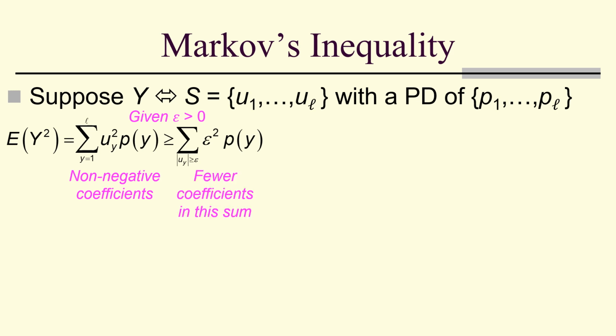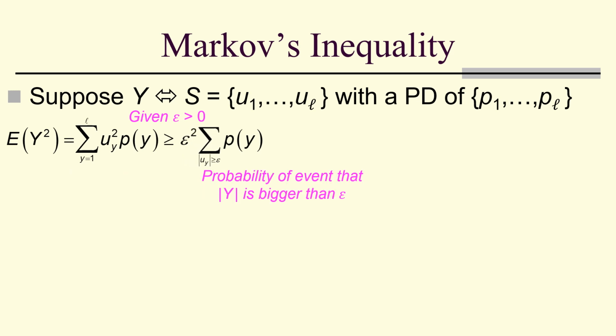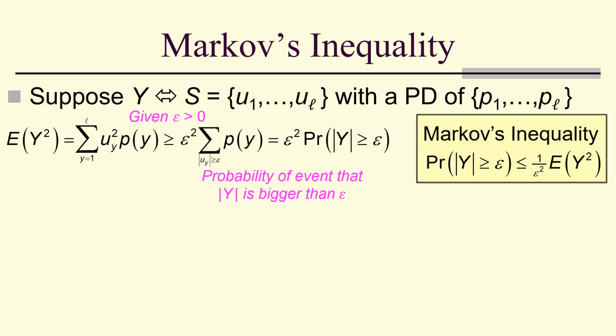Why? They're non-negative, and there are going to be fewer coefficients in that final sum. We can factor out the epsilon squared, but notice now this is the probability of the event that absolute y is bigger than epsilon. So we get epsilon squared, the probability absolute y greater than or equal to epsilon. And this is known as Markov's inequality.